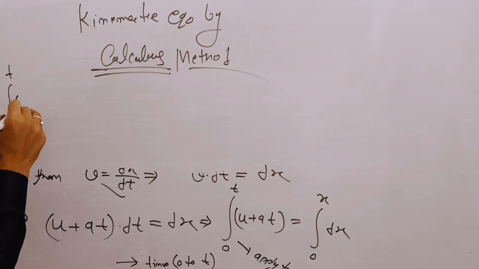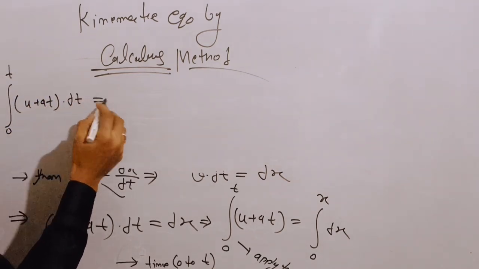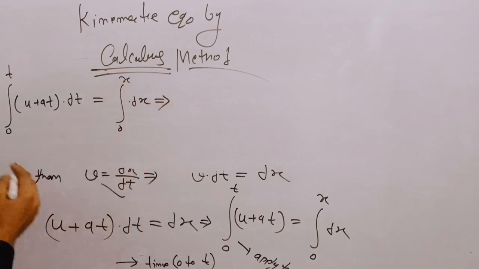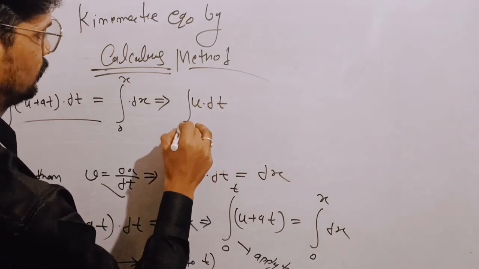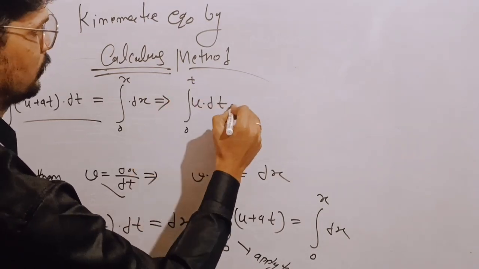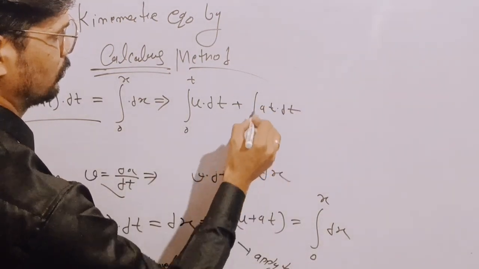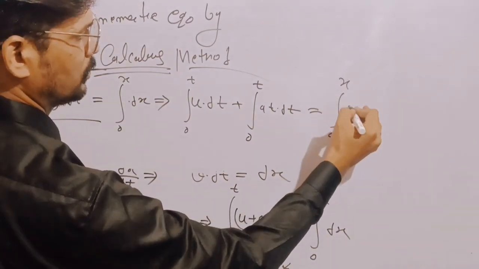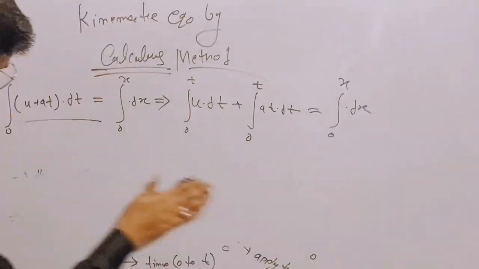So apply the integration, u plus at into dt is equal to 0 to x into dx, which is u into dt 0 to t plus, by the distributive property, at into dt is equal to 0 to x into dx.